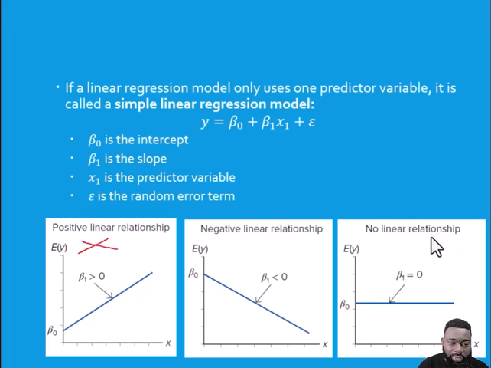So the formula that we're going to use is y equals beta 0 plus beta 1 x1, plus epsilon, the random error, which is the tiny difference that happens by chance. The y here is what you are trying to predict, for example your test score.